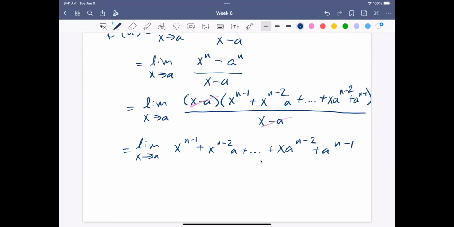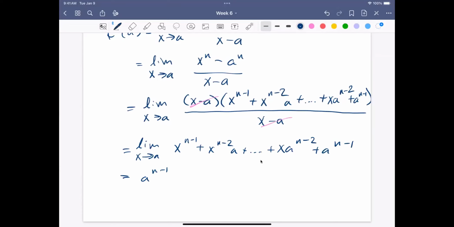So now we can just substitute in the a here, a nice continuous function. So we get a to the n minus 1 for the first term. And then for the second term, you can see I have a to the n minus 2 times another a, which turns out to be another a to the n minus 1, and so on. And all these turn into a to the n minus 1, all of them.